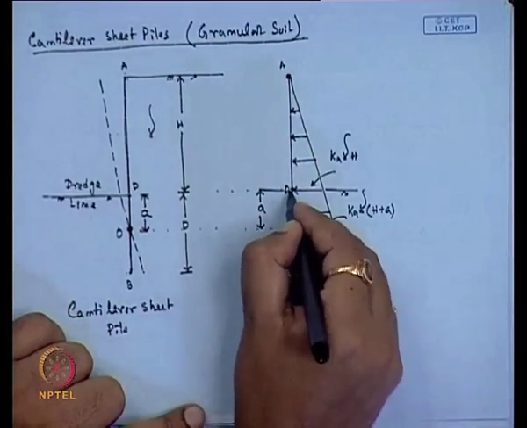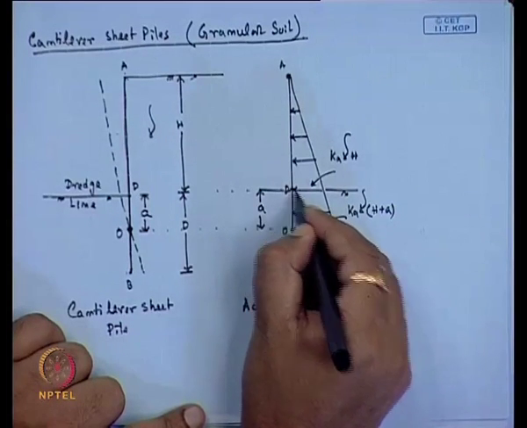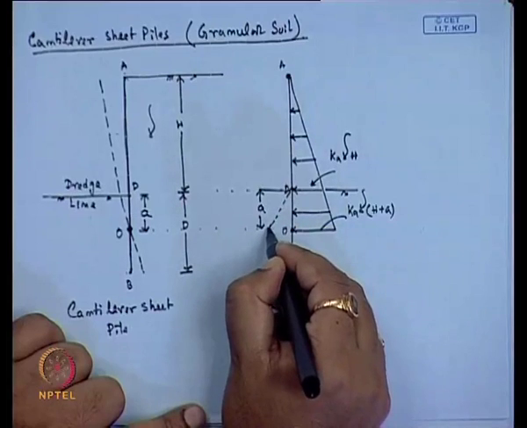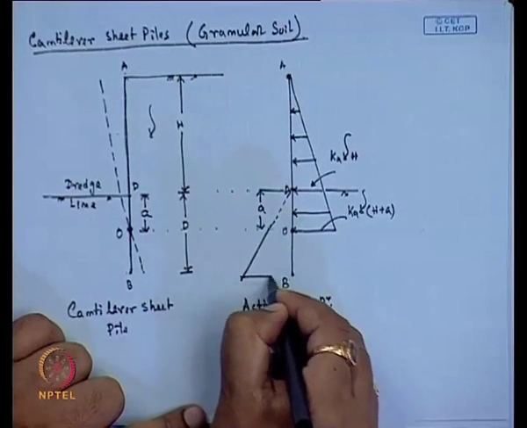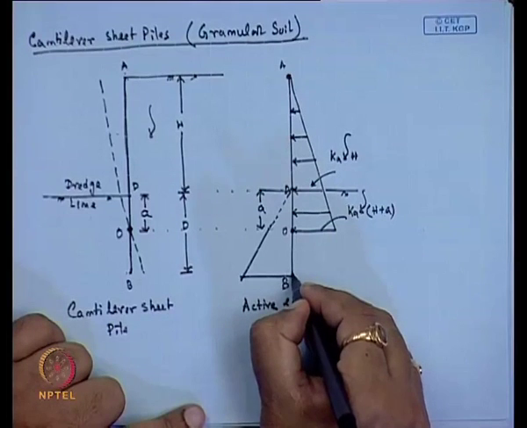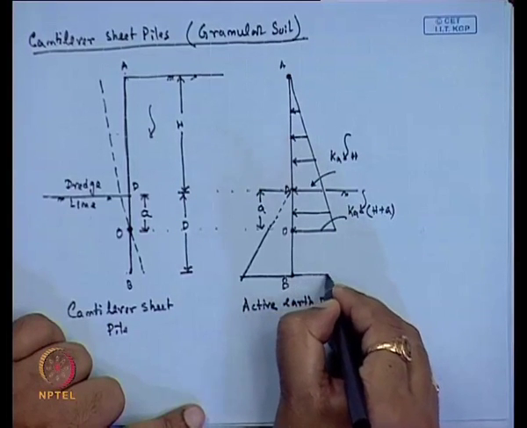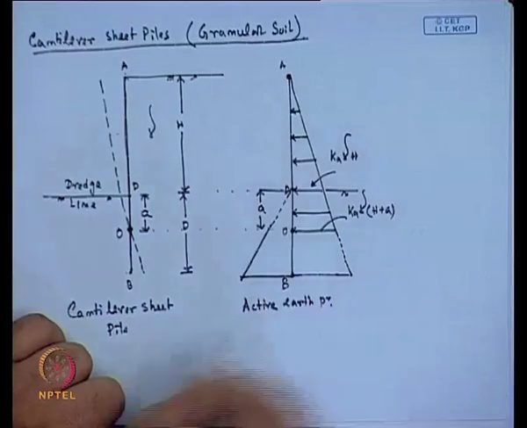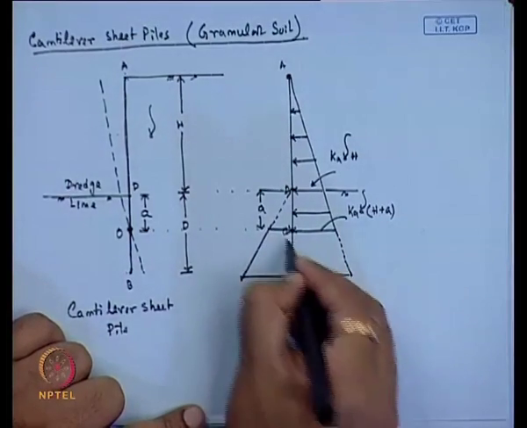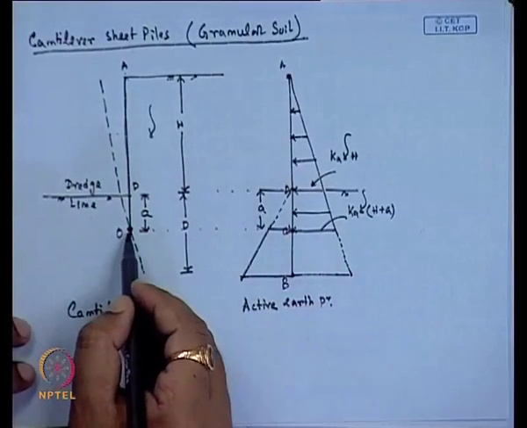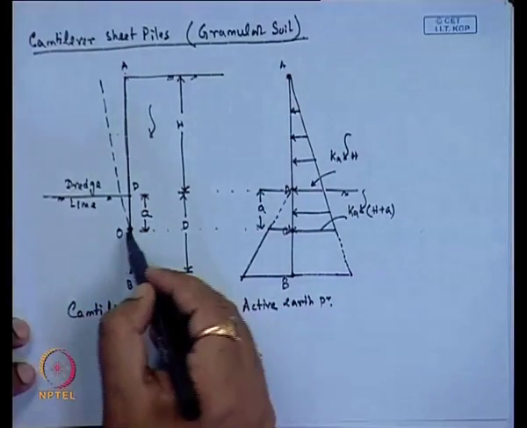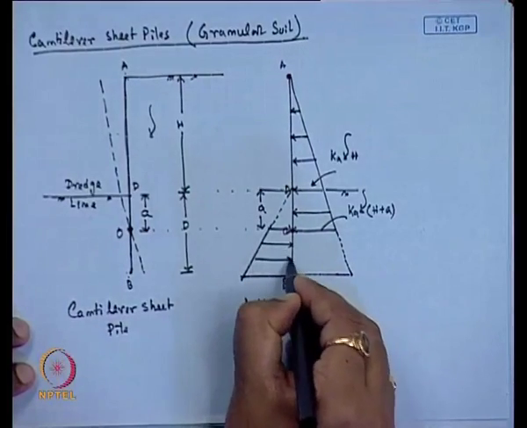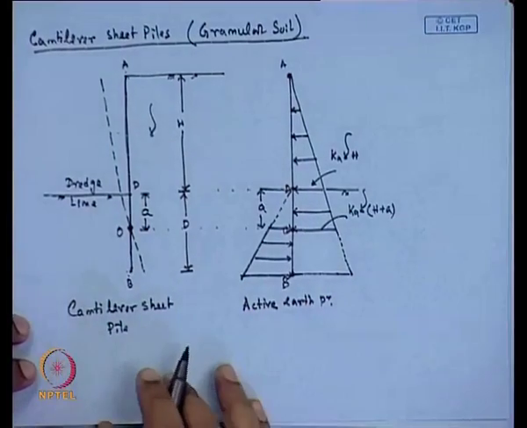Similarly, in this portion, in the right hand side here, if I extend this pressure diagram, so here also the active pressure will act in the left hand side from O to B. So, this will give us the active pressure.